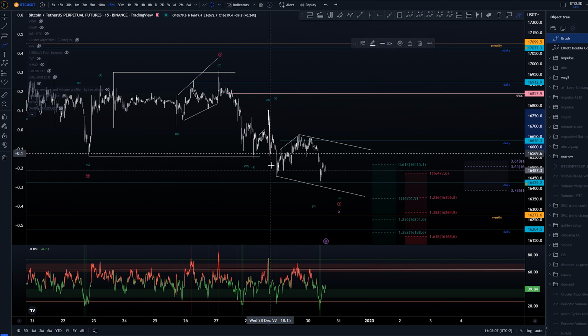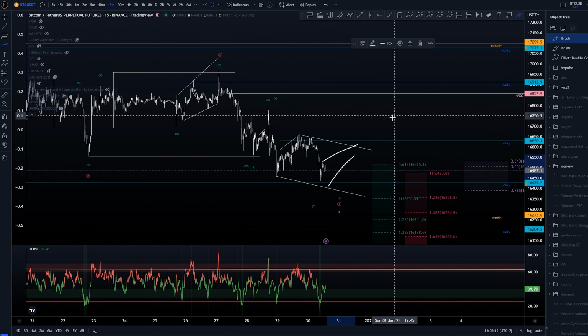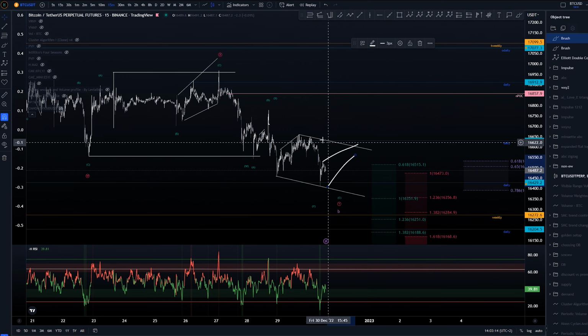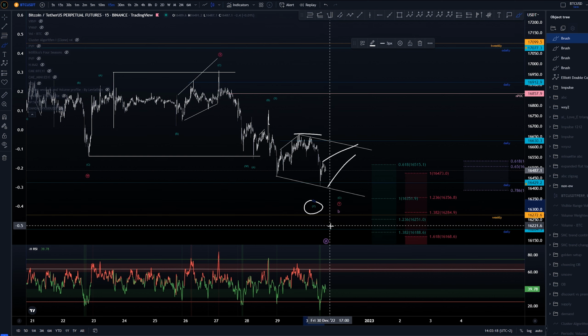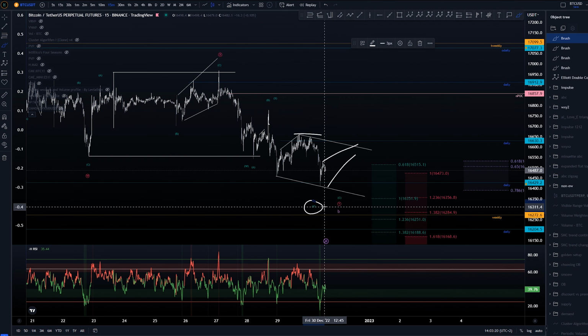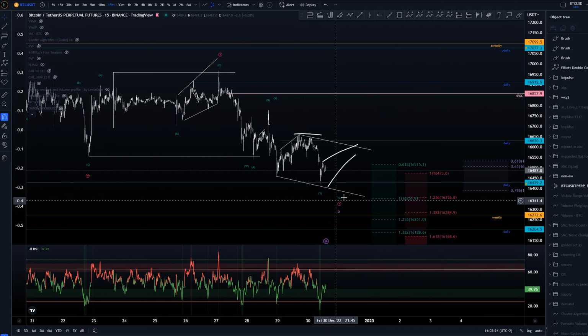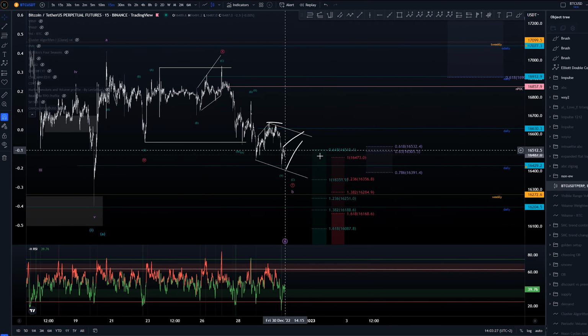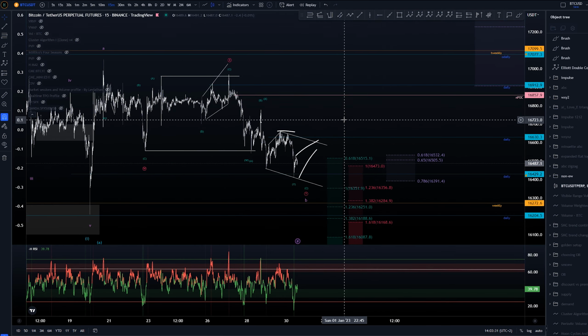So at the moment, we could already have that completed into these lows. That is where we could have that diagonal coming in here. And at that point, again, if we take out these highs, then we would be saying that, okay, we had that potential wave Y complete at these current lows that we had. So definitely keep that in mind. While I don't think that is the likeliest case, that is something to keep in mind for sure.